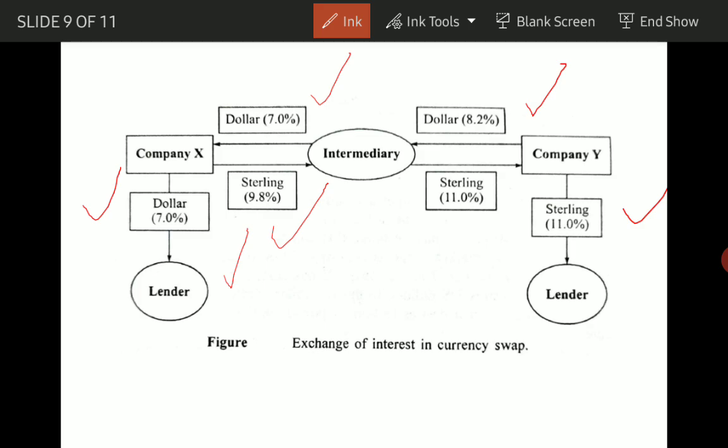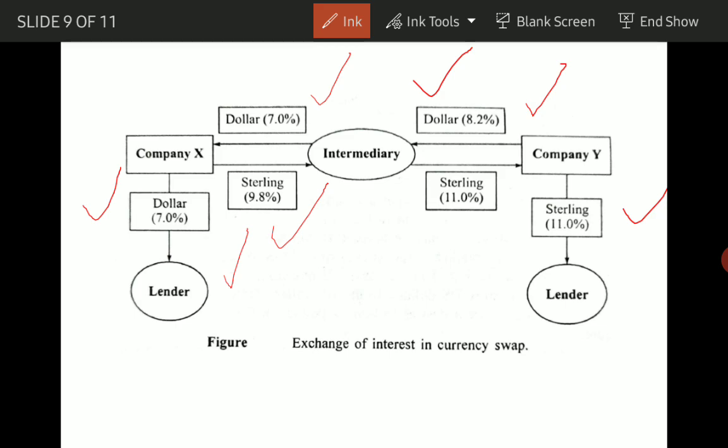So now here, if you see, company Y is paying 8.2% dollar interest to the intermediary, out of which only 7% is paid to company X. So here the intermediary is receiving excess interest of 1.2%.